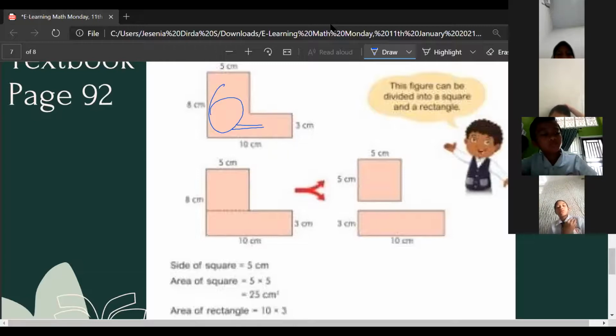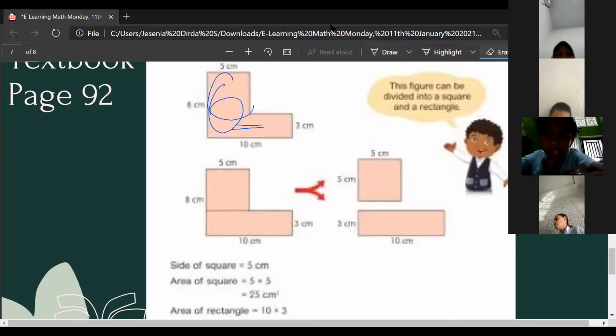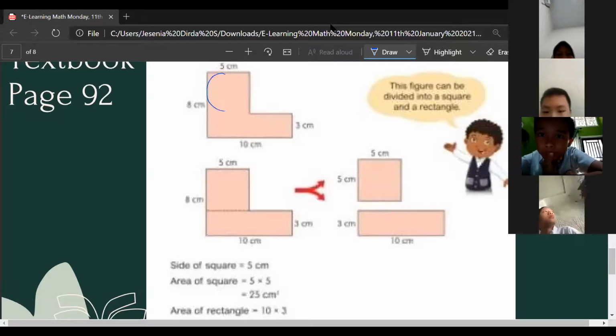Jadi kalau misalnya ada gambar ini, if you say I want to cut it become circle, misalnya kalau kita cut ini jadi circle, kayaknya gambar Miss berantakan, but it's okay. It's clear. Okay? Terus ini jadi apa?